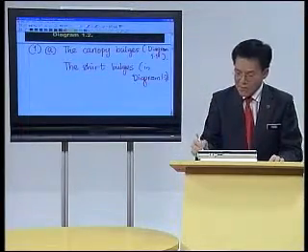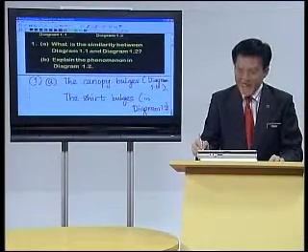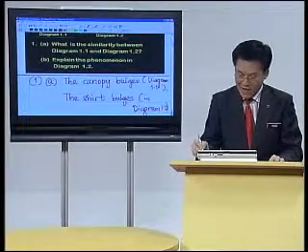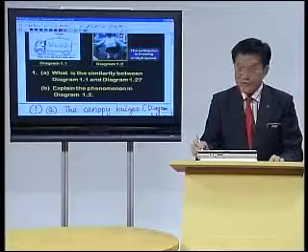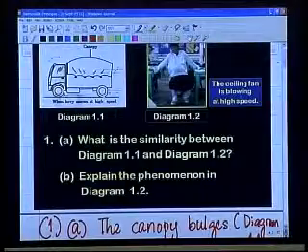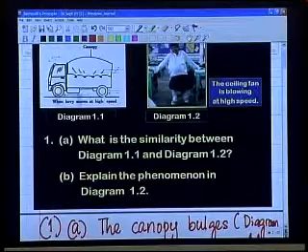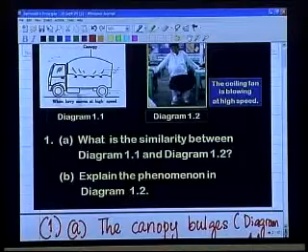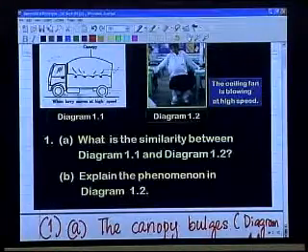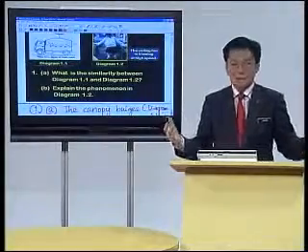Now the second part is this. Explain the phenomenon in diagram 1.2 in the case of the boy. In other words, I am asking the question, why is it that the shirt of the boy bulges suddenly? You know, some of you are surprised, isn't it? How come? What happened?